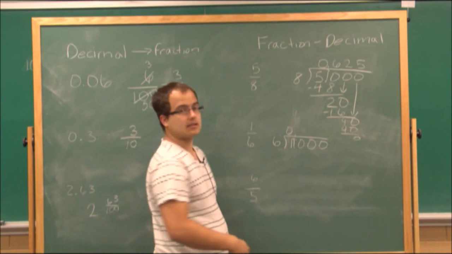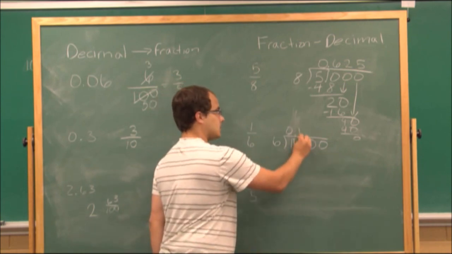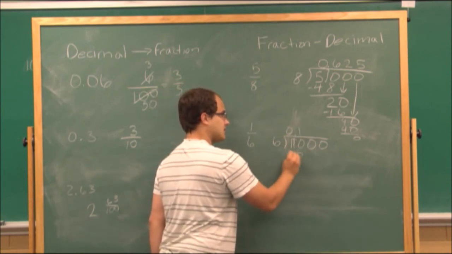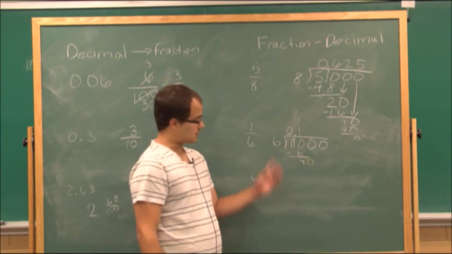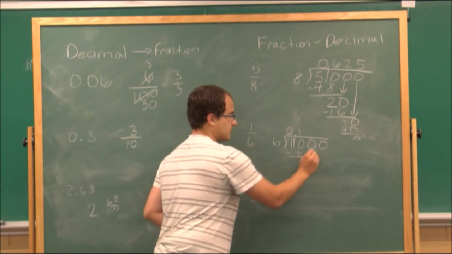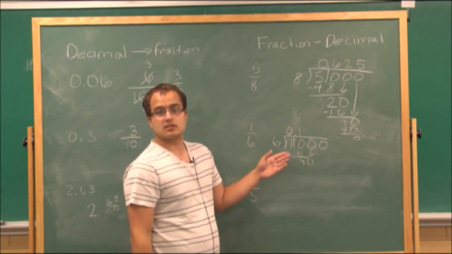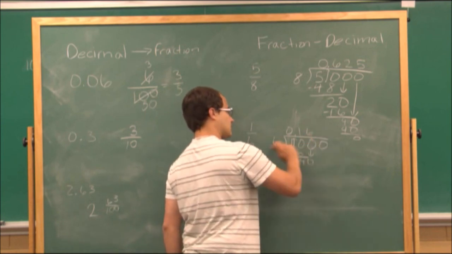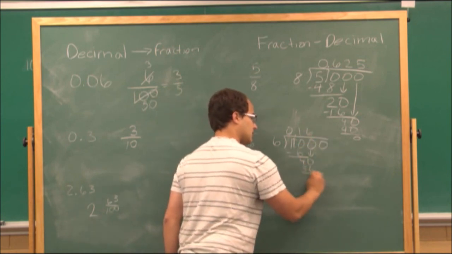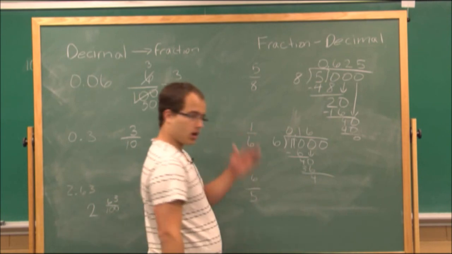Does 6 go into 10? Yes, 1 time. 1 times 6 is 6. 10 minus 6 is 4. Oh, drop the 0. Forgot to show that. 6 times what is 40? Well, 6 times 6 will give us 36, and we get a 4.